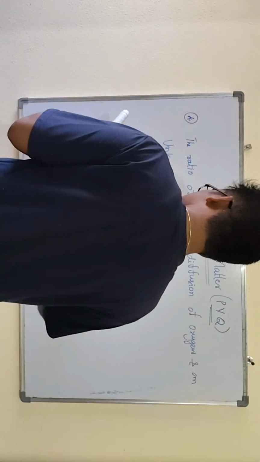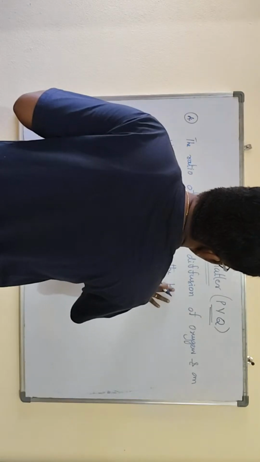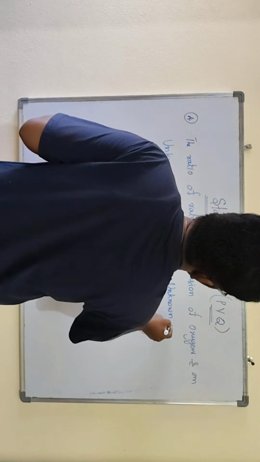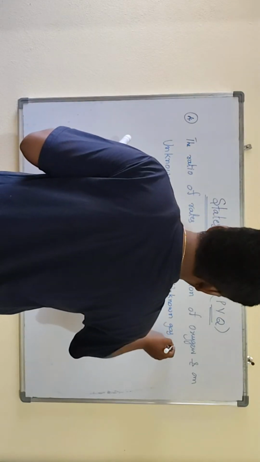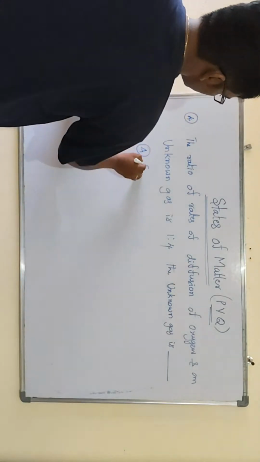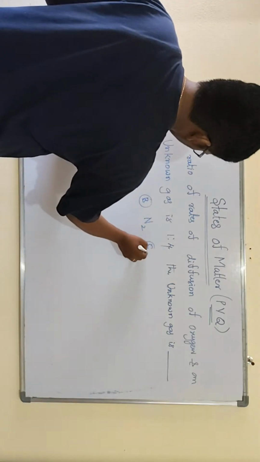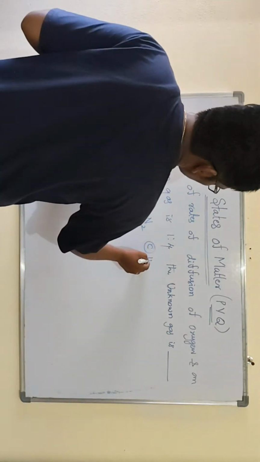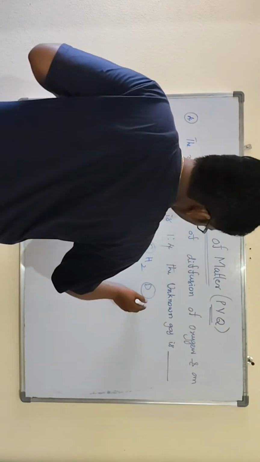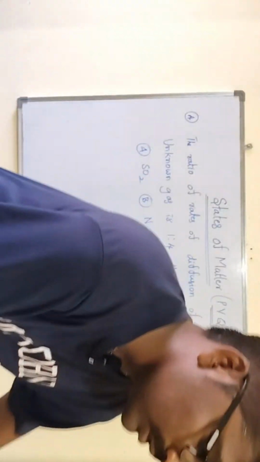The unknown gas is, the options are: A SO2, B nitrogen N2, C H2, and D D2, nothing but deuterium gas, D2.